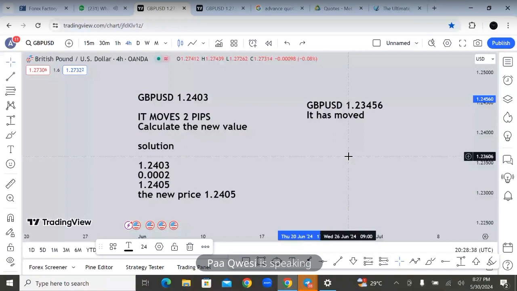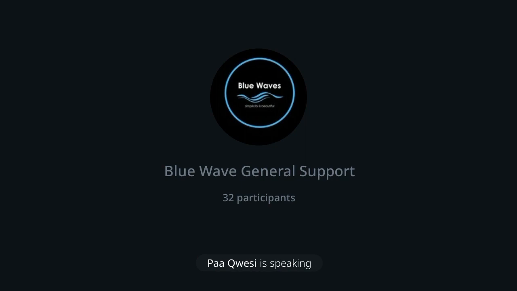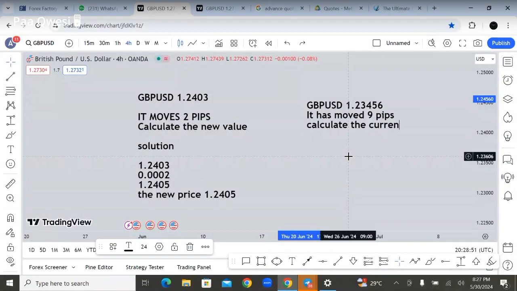It has moved 9 pips. Calculate the current price.